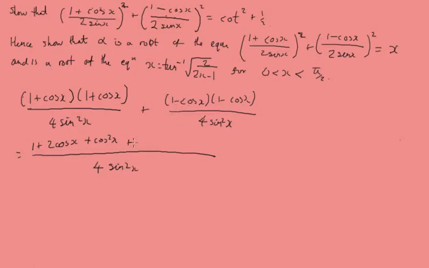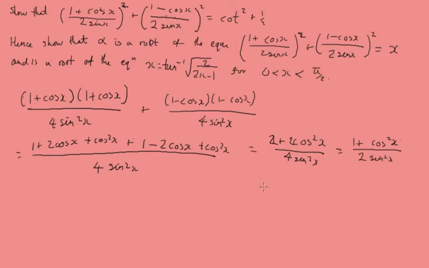This side is plus 1 minus 2 cos x plus cos squared x, the minuses cancel, which comes out as 1 plus cos squared x over 4 sine squared x. Oh, there's 2 of them. I'm rushing it. So we can cancel out some 2's, and we will get 1 plus cos squared x over 2 sine squared x.